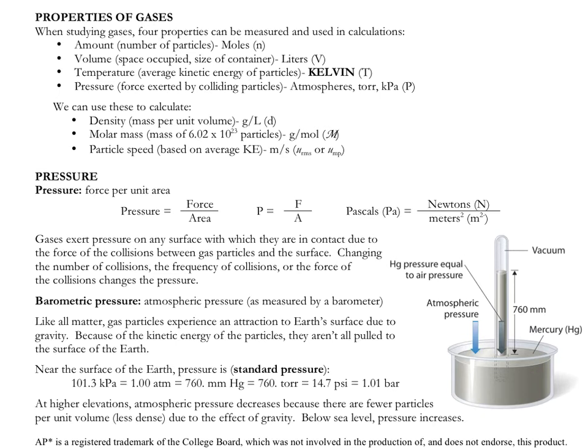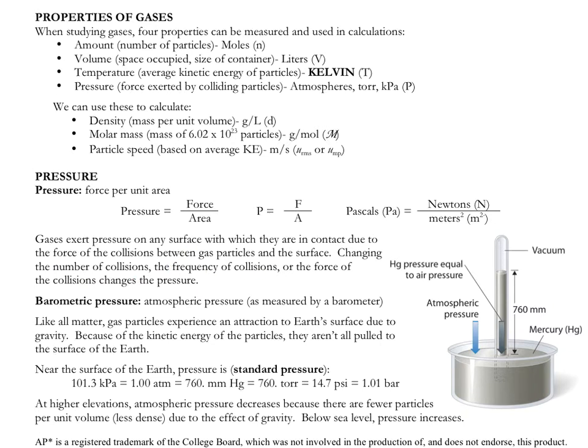And the reason they exert pressure, we've got some important things here, is the fact that the particles are moving. So pressure comes from force. And when those small hard spheres in constant motion are bouncing around, they bounce off of one another and they bounce off of the surface of whatever container they are in. So if I want to think about what's causing that pressure, it is the force of collisions. If I want more or less pressure, I have to change how many collisions there are, maybe changing how many particles there are.